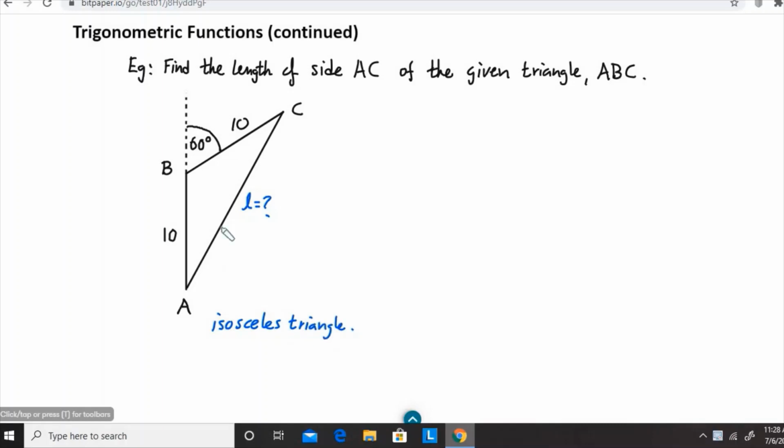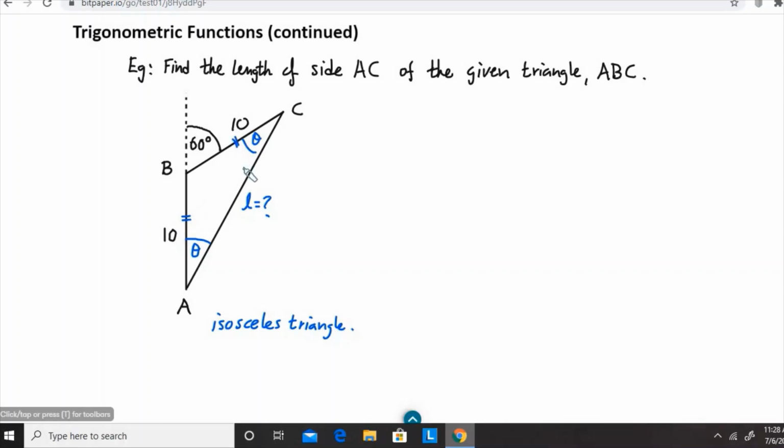And another important thing in such a triangle is these adjacent angles are equal to one another. So I'll represent those two angles by theta. So this is theta. This is also theta because it's an isosceles triangle. This length equals this length.